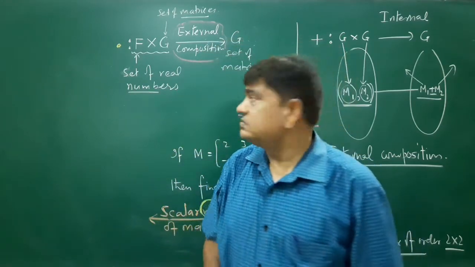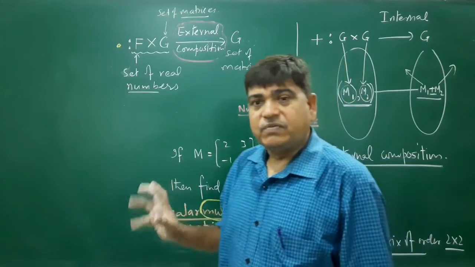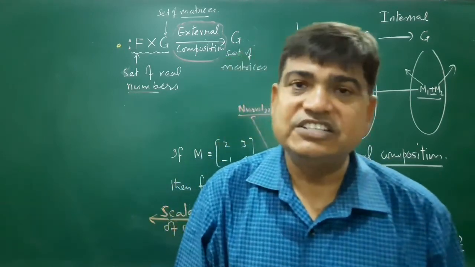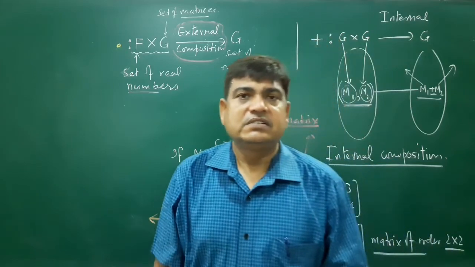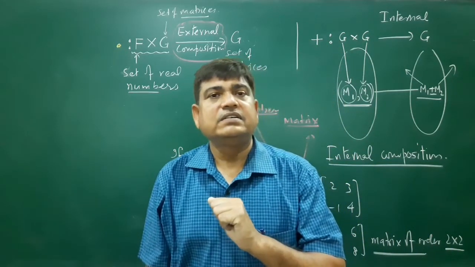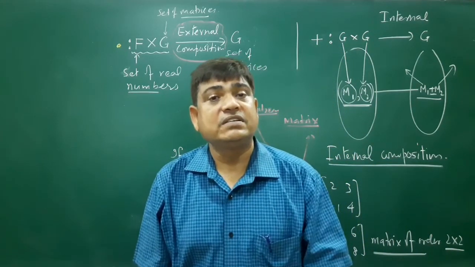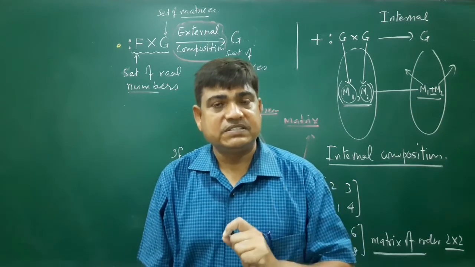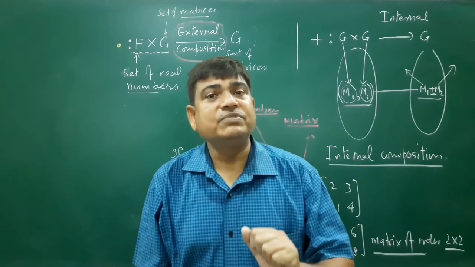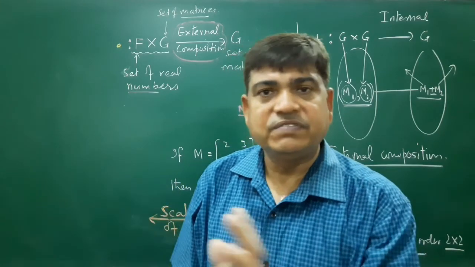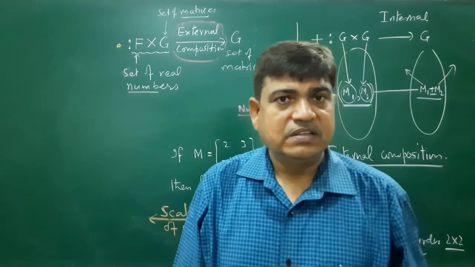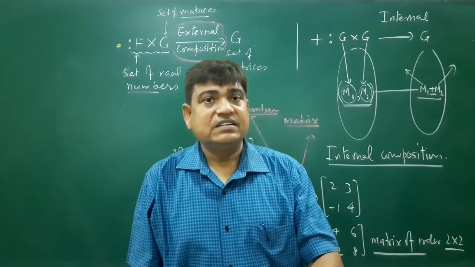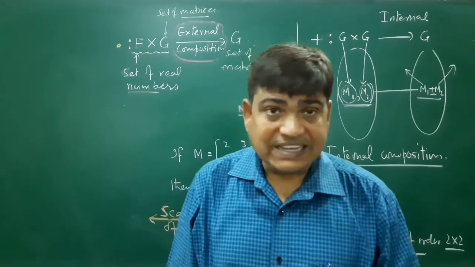Okay, so be careful. Whenever you are given the algebraic structure, first we find which type of set is given, what is the nature of the elements. Second, how many compositions are given, 1, 2, 3, 4, whatever it is. Again, is it internal or external?